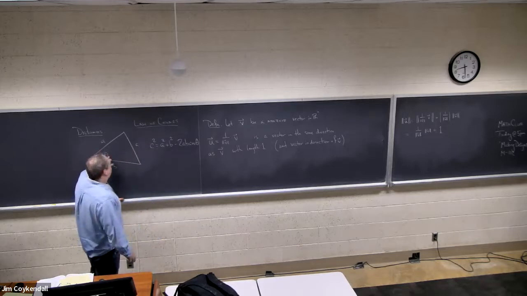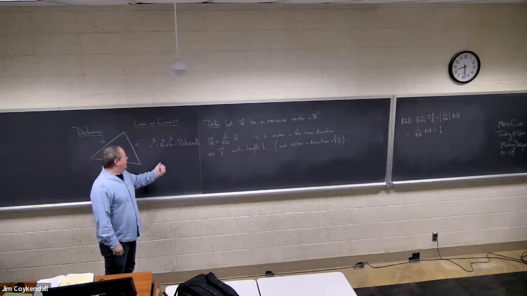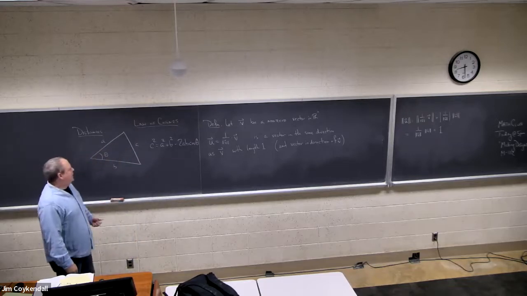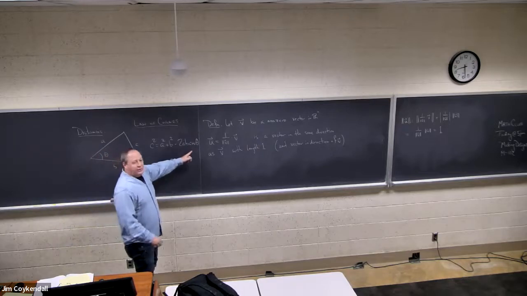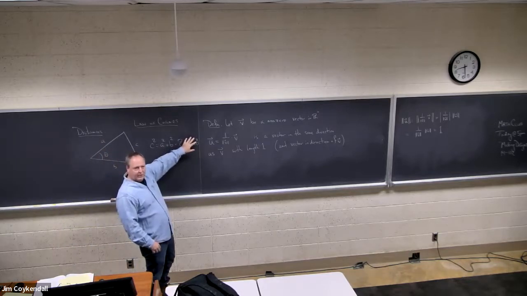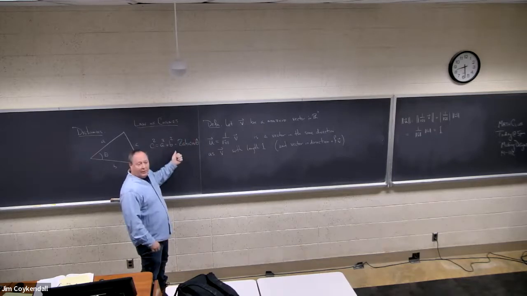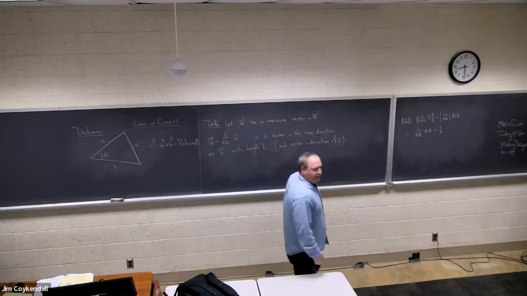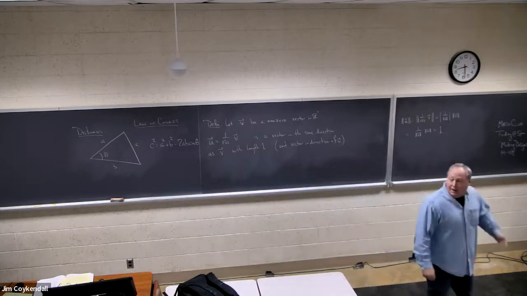Notice if theta is a 90-degree angle, what kind of triangle is this? It's a right triangle. And if theta is a 90-degree angle, this piece goes away because cosine of 90 degrees is 0, and we get the Pythagorean theorem back. And actually, if you know the Pythagorean theorem, you can prove the law of cosines fairly easily.